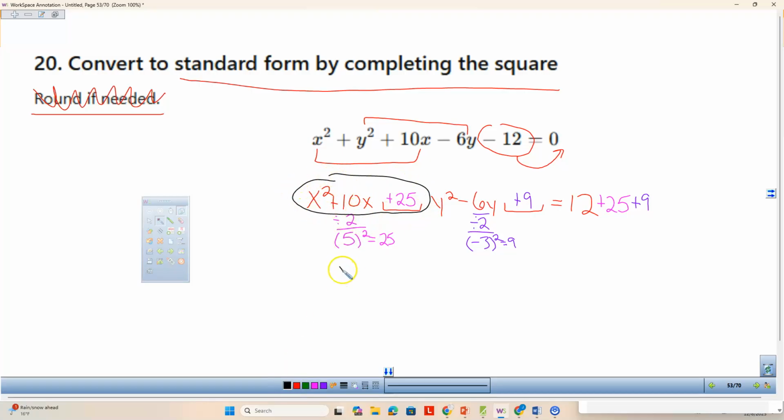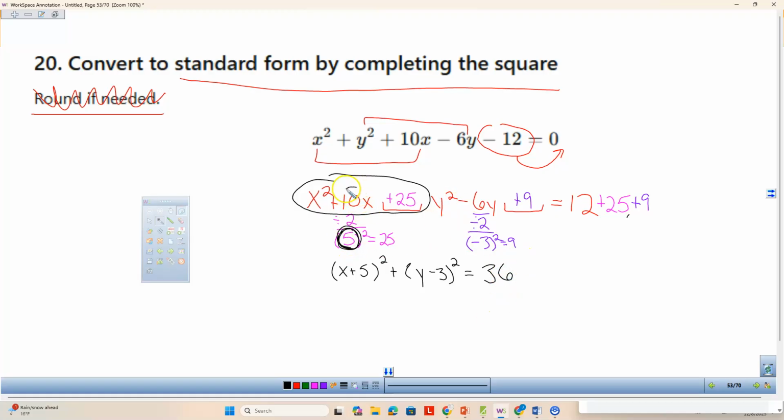Yeah. It's x plus 5 squared. How did I know that it was 5 so quick? It's where the divide by 2 was, right? So this one's going to be y minus 3 squared equals 36. The radius is 6. And there you go.